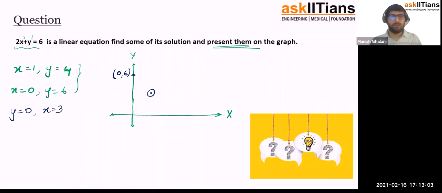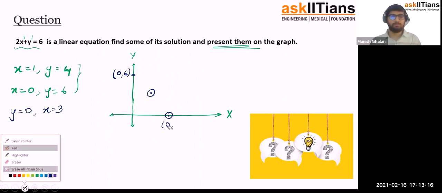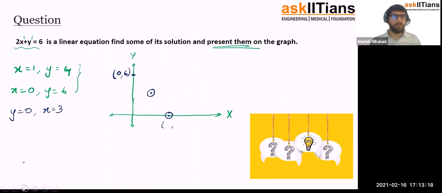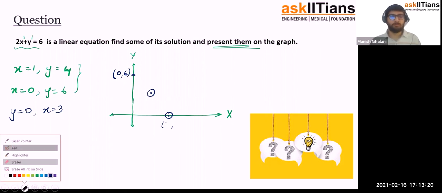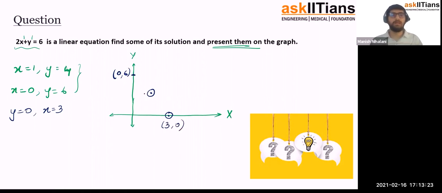So this is another solution, 3 comma 0. This is your 3 comma 0 point. Similarly, this is the 1 comma 4 point.